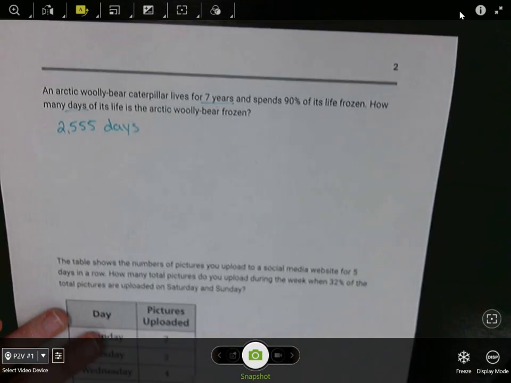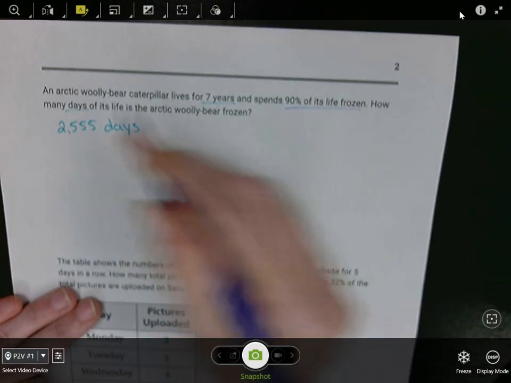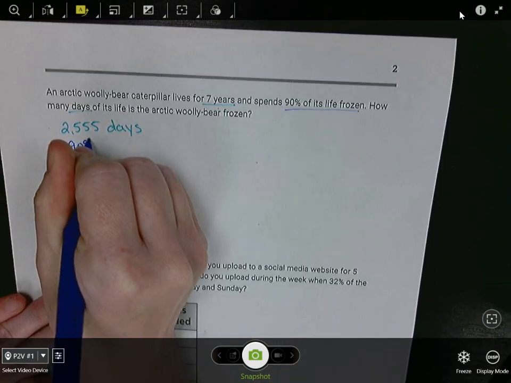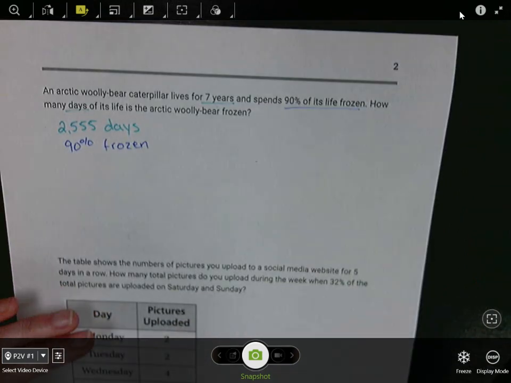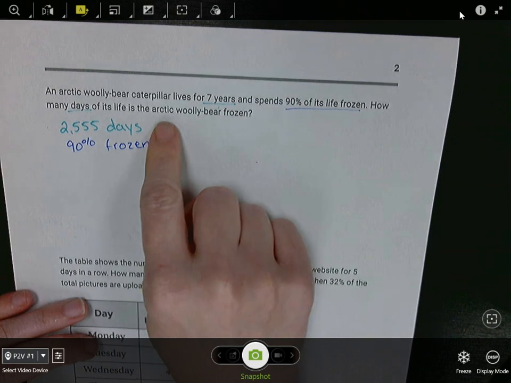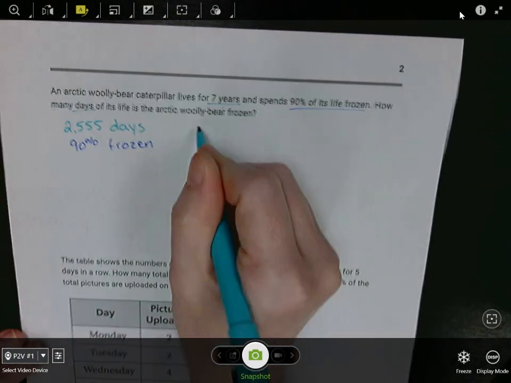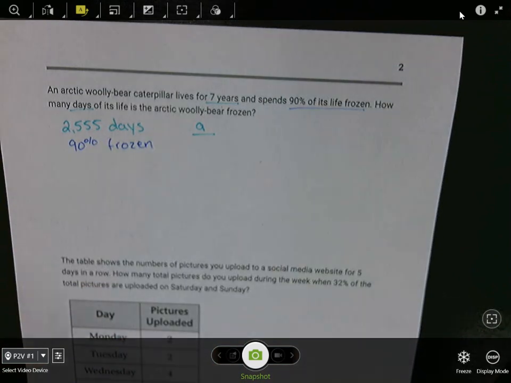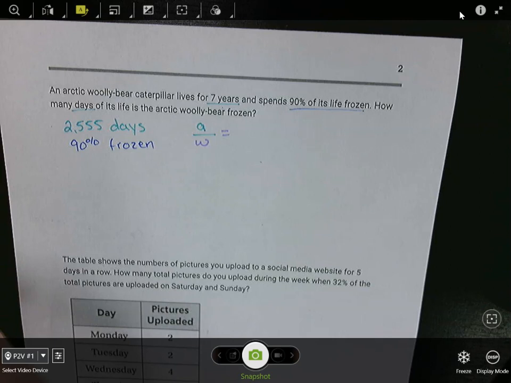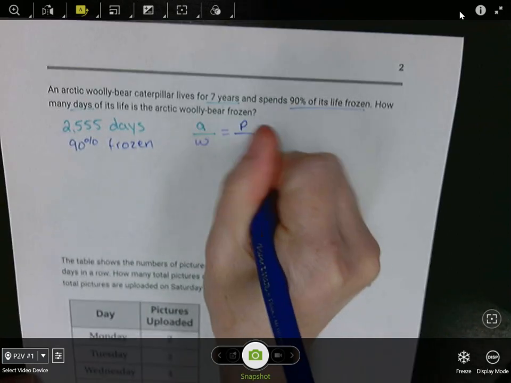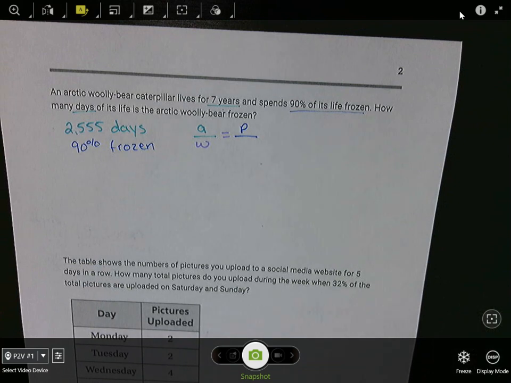It says it spends 90% of its life frozen, and it wants to know how many days it is frozen. So we set up our proportion: A over W equals P over 100.